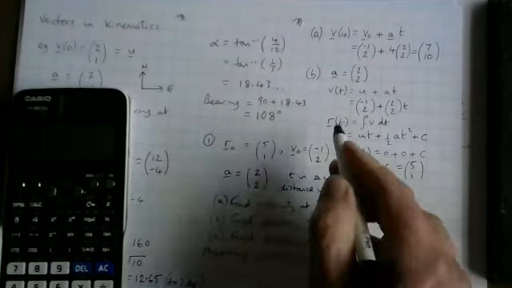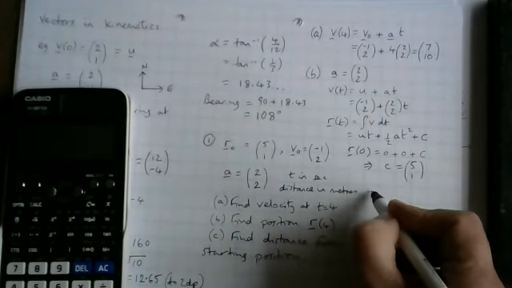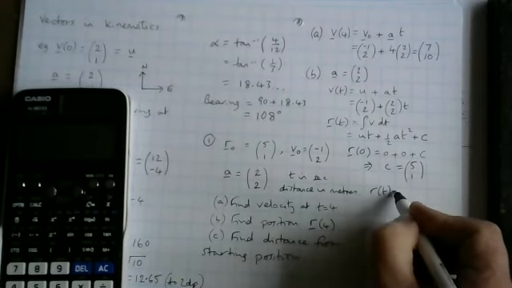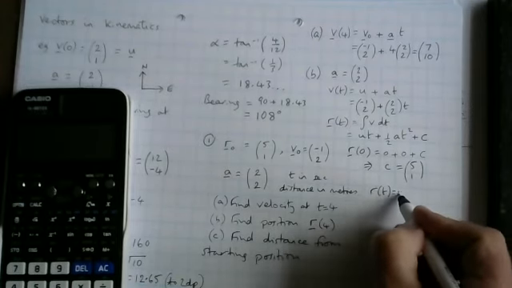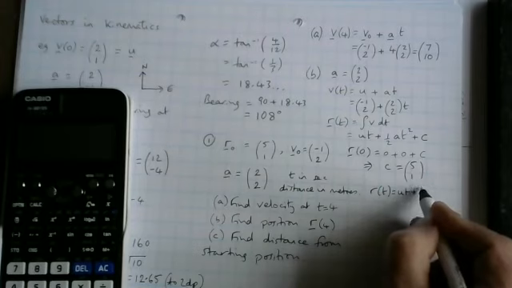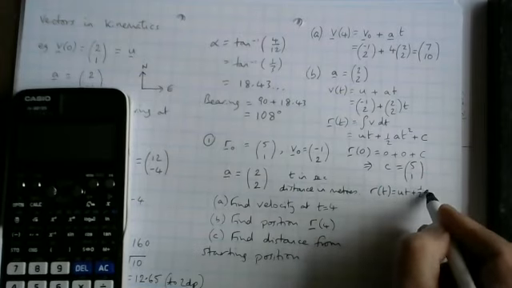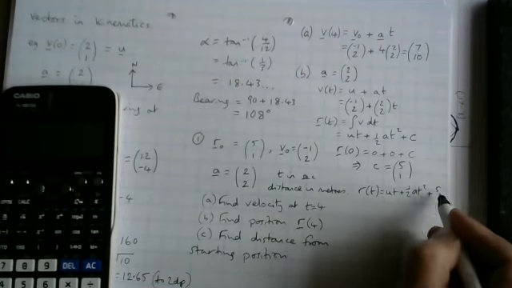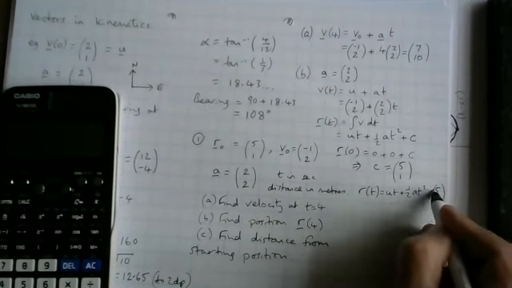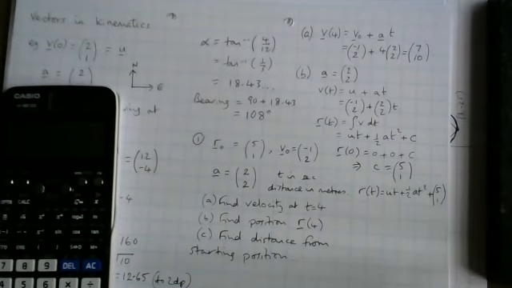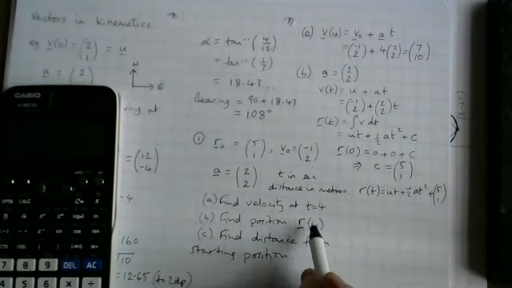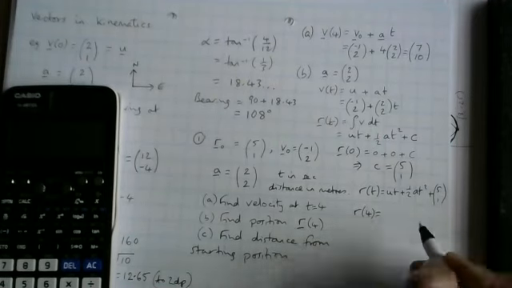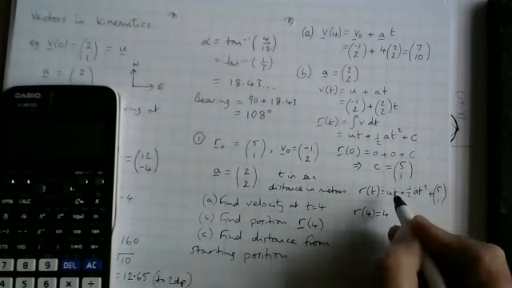So my equation for r of t is r of t equals ut plus a half at squared plus 5, 1. I want to find the position vector at 4. r of 4 is 4 times u.